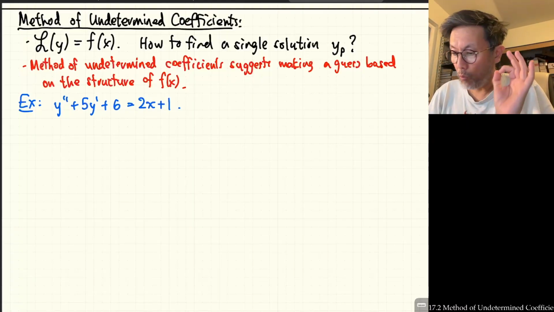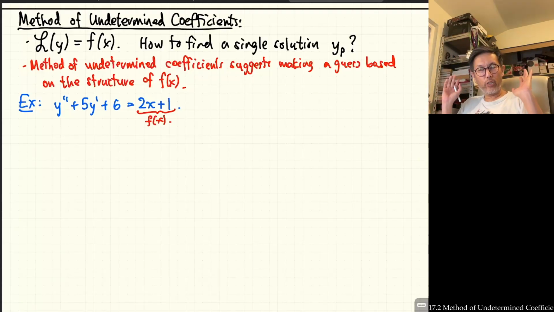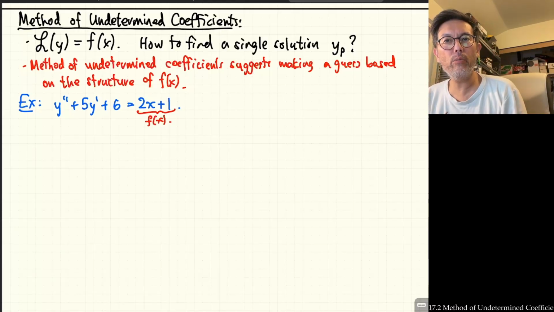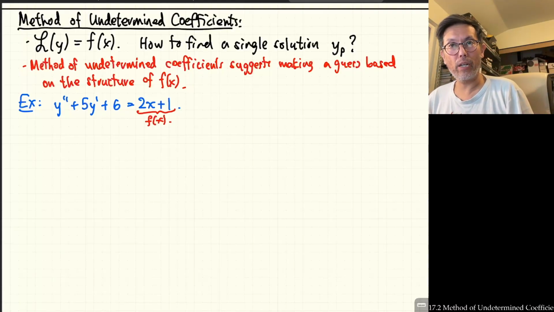Then what's playing the role of f of x here is this 2x plus 1. And the thing that I want you to feel about this f of x is that it's a degree 1 polynomial. So you might guess that because f of x is a degree 1 polynomial, y, our solution to this differential equation, could also be a degree 1 polynomial.